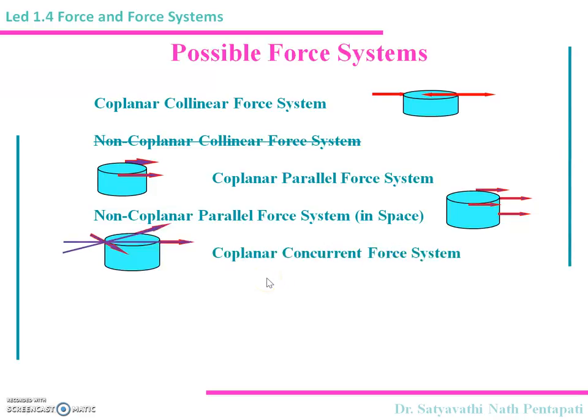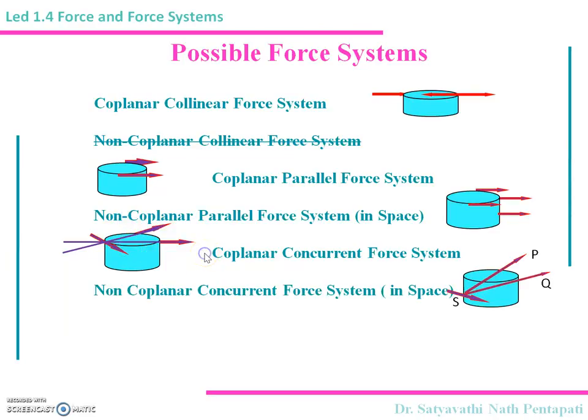Now coplanar concurrent force system. Here these three forces are concurrent and they are acting in the same plane. That is why it is a coplanar concurrent force system. A non-coplanar concurrent force system is also possible. Here force S is in the horizontal plane and forces P and Q are in an inclined plane.